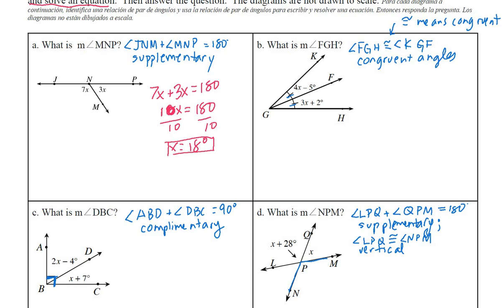Here I have congruent angles, so I have 4x minus 5 equals 3x plus 2. I subtract 3x from both sides, and add 5 to both sides. That gets me x on the left equal to 7 on the right.